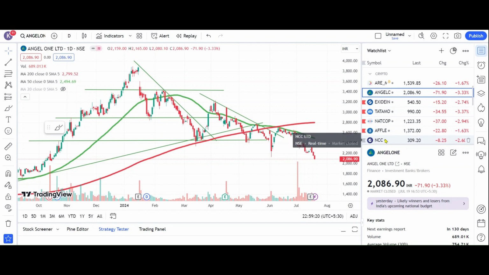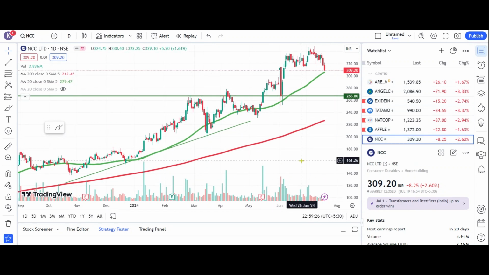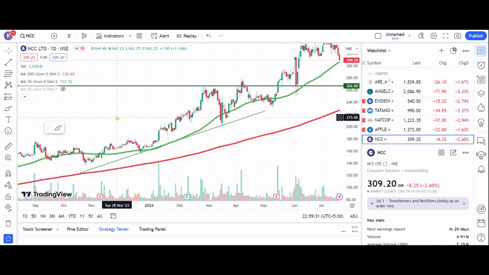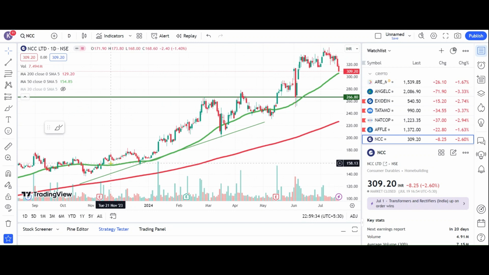And the second company, an alternate example where I want to show a technically stronger chart, is NCC. So you see, again, the simple moving average strategy only. I'm not going to confuse with anything else. There is a green line, the 50-day moving average, and a red line, the 200-day moving average. Look at the beauty. It has never crossed the 50-day moving average downwards and approached the 200-day moving average.